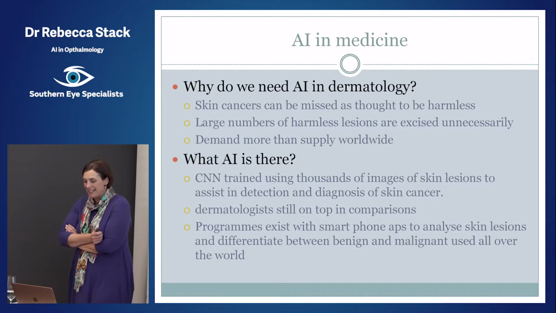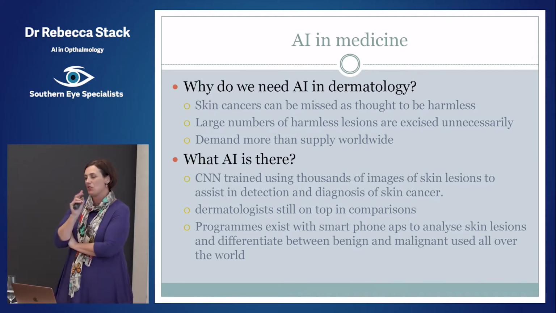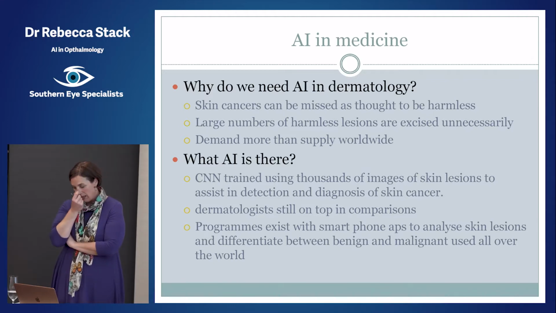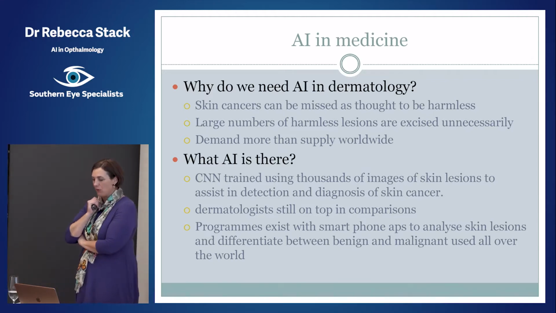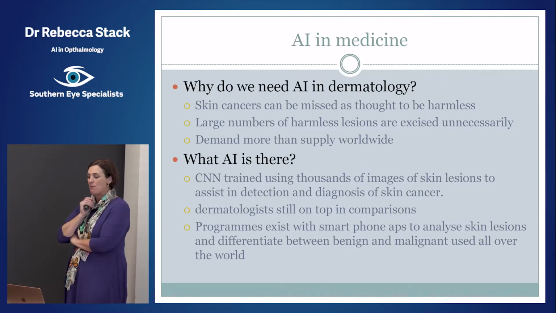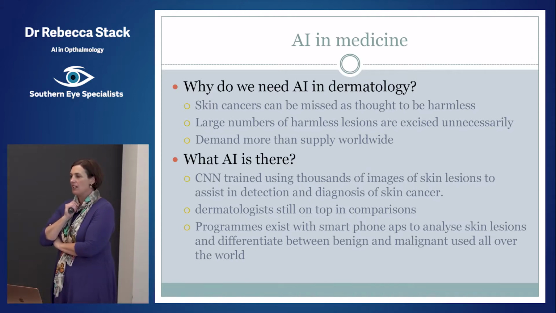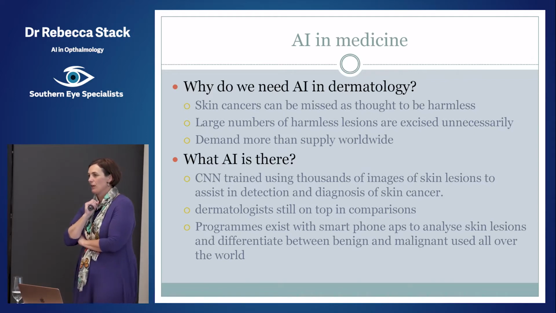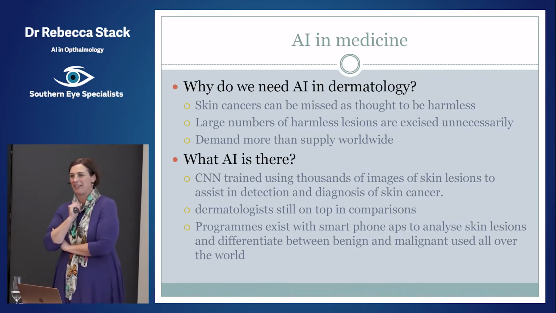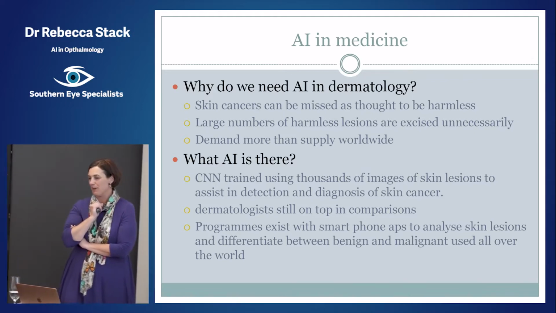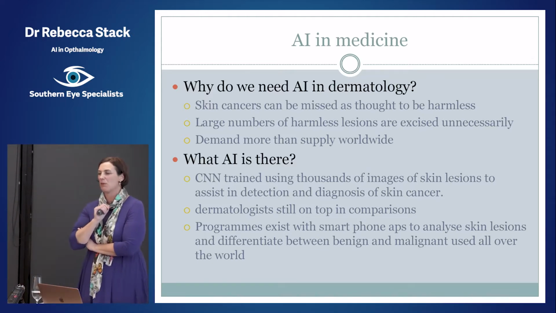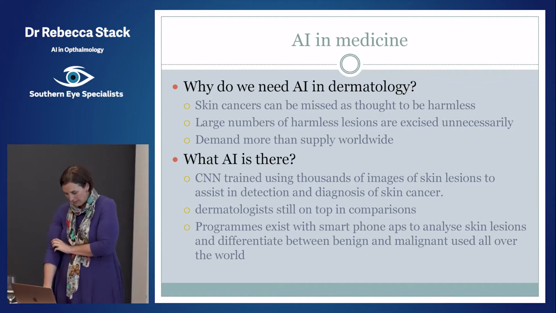In the studies that they did, the sensitivity, which is picking up a positive result, so if it actually was a skin cancer, for these computer programs and apps that are available on the web ranges from 7 to 73%. So I'm certainly not confident that I want to use one that's at the 7% end of the spectrum, but I'm not sure I'm 73% happy if something's going to tell me whether it's a melanoma or not either.